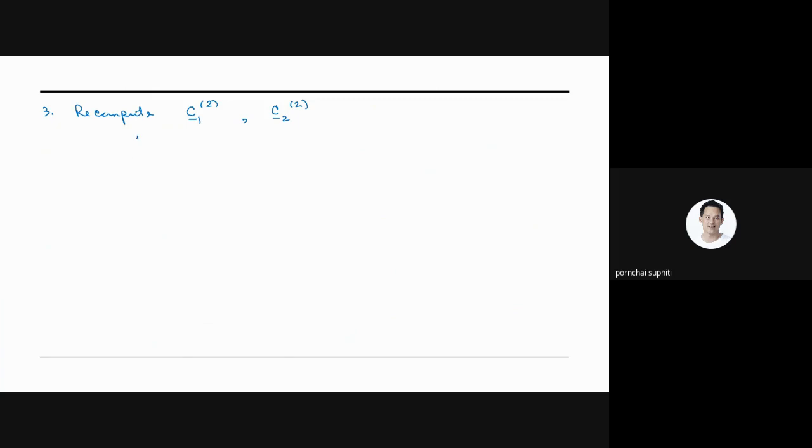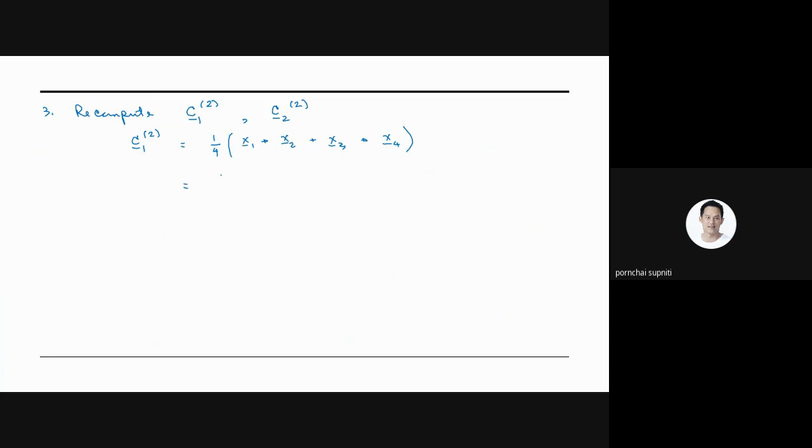How do we compute it? We compute the centroid 1 at the next iteration as the average of all data points within that cluster. Here, because there are 4 data points that we assigned, we have x1 plus x2 plus x3 plus x4.